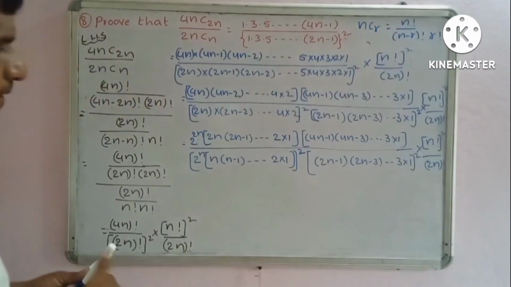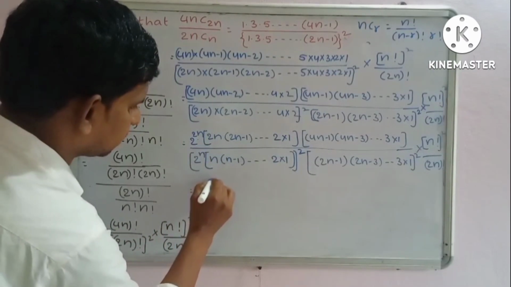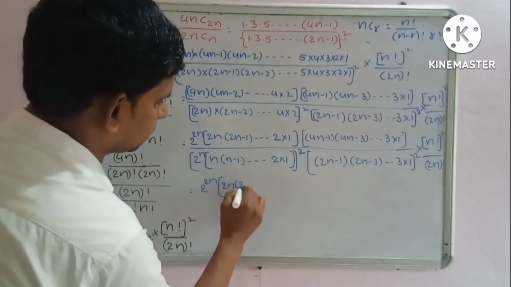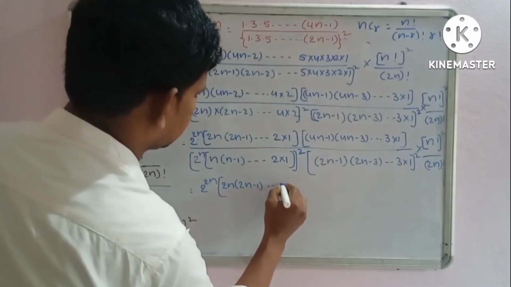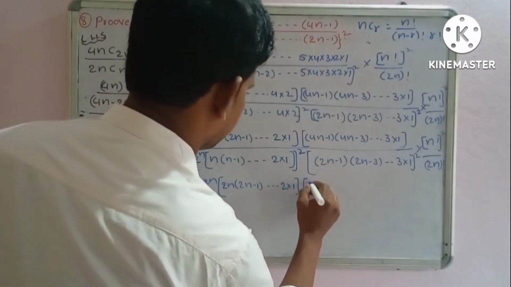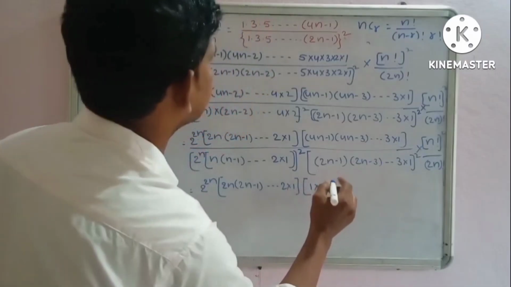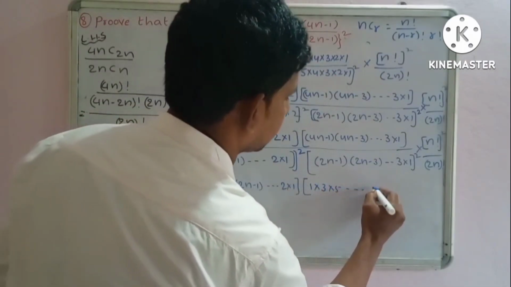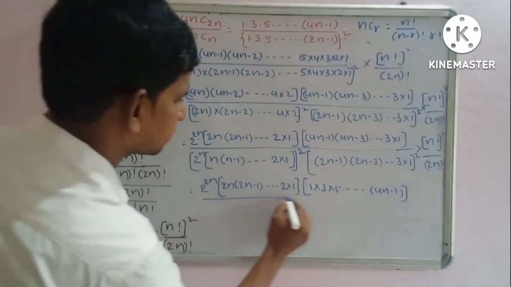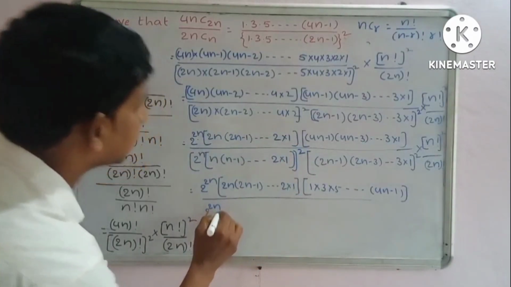Okay. See, 2 power 2n into 2n minus 1, and so on, 2 into 1, into 4n minus 1, right from last to first, 1 into 3 into 5, and so on up to 4n minus 1, divided by a power m whole power n. 2 power n whole square is nothing but 2 power 2n.